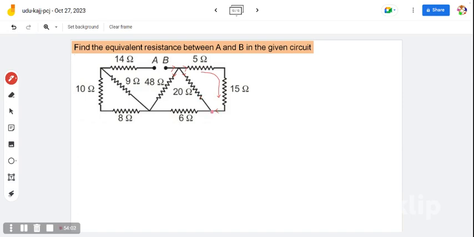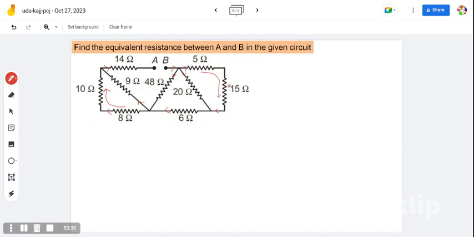Then these two currents will combine and come up to here. This current will combine with this, come up to here, and then again divide into this and this, and they will then come over here, combine, and the net current will go up to A. Now through 5 ohm and 15 ohm the same current is flowing. Through 8 ohm and 10 ohm the same current is flowing.